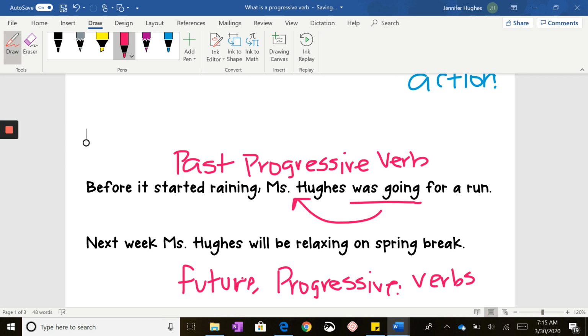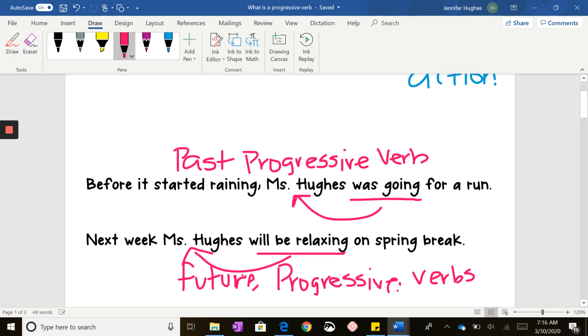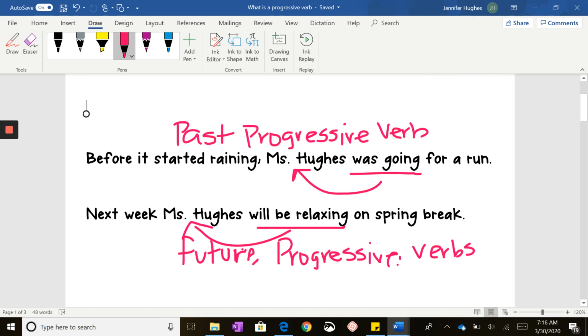So future progressive verbs tell what the subject will be doing. So next week, Miss Hughes will be relaxing on spring break. Will be relaxing tells you what Miss Hughes is going to be doing next week. So we have past progressive verbs and future progressive verbs. Okay, progressive meaning the action is ongoing.